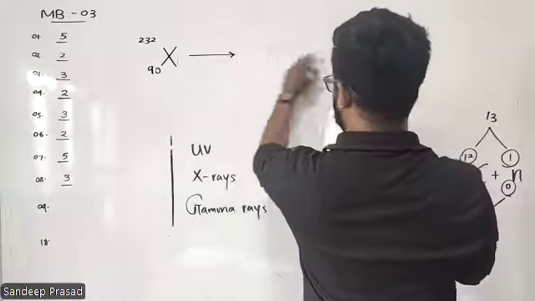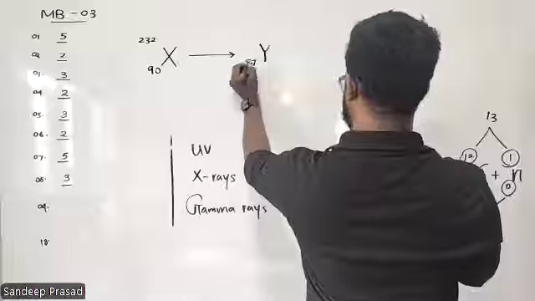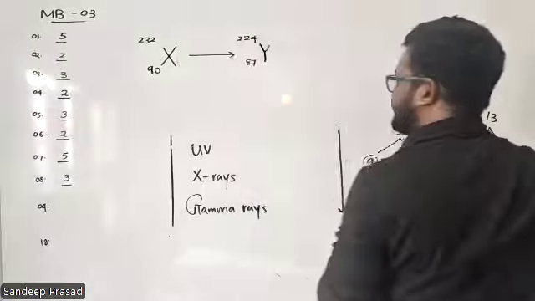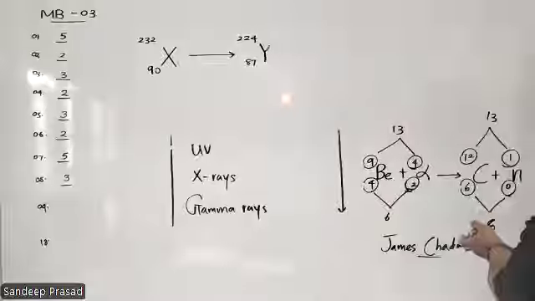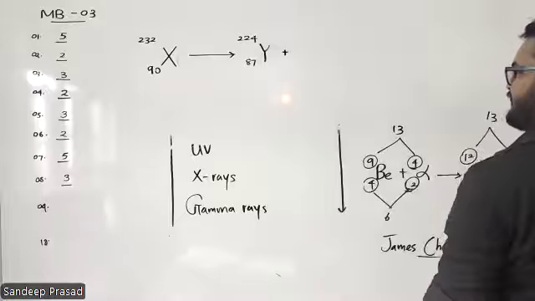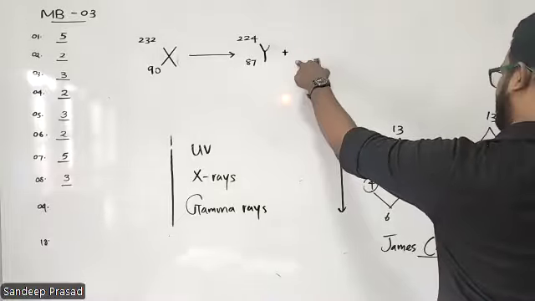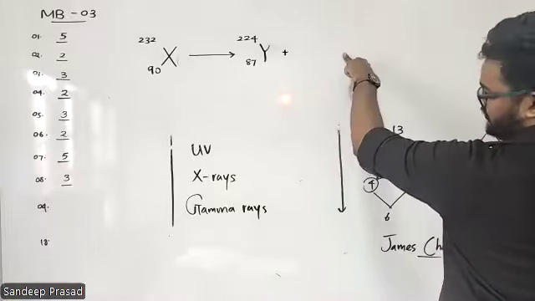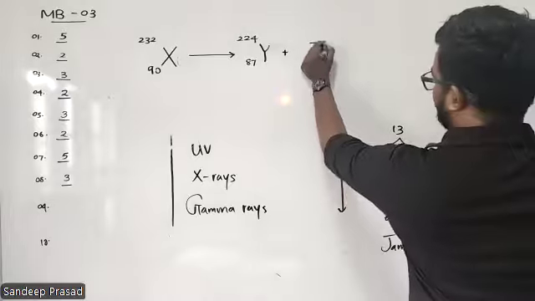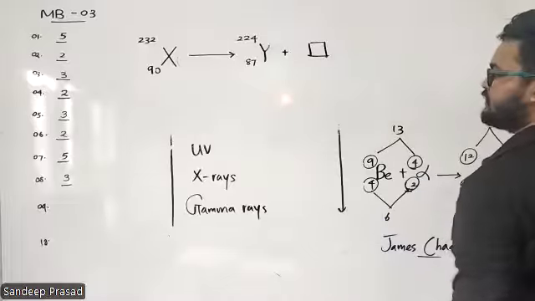That is Y, capital Y. Atomic number is 87, and here 224. Just now I told you that this spontaneous radioactivity emitted some radiations. We don't know whether it is one type of radiation or two different types of radiations are there.